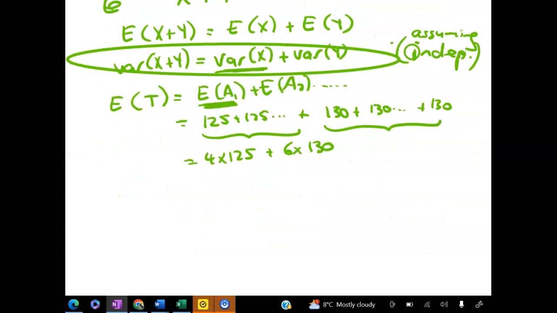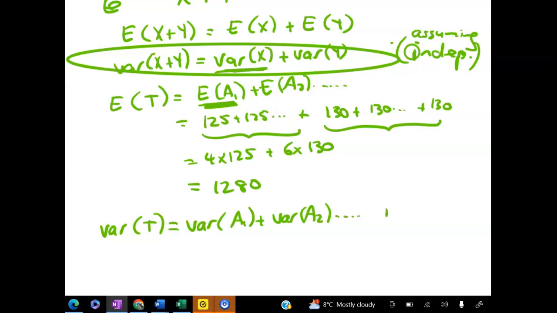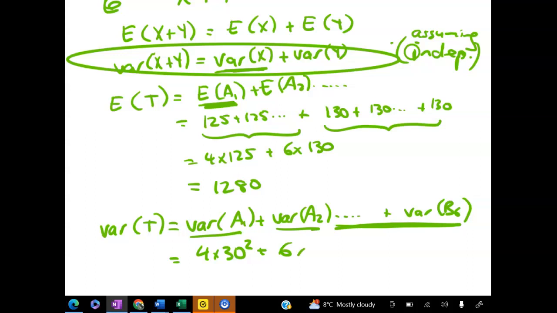And so the average is going to equal 1,280, and the variance of the total is going to be the variance of the first tomato and the variance of the second tomato, and so on until we're finished with the 6th of the B tomatoes. So adding up those variances, we've got 4 lots of that variance, which is 4 times 30 squared, and then we've got 6 of these, so 6 times 32 squared, and putting that together we get 9,744.